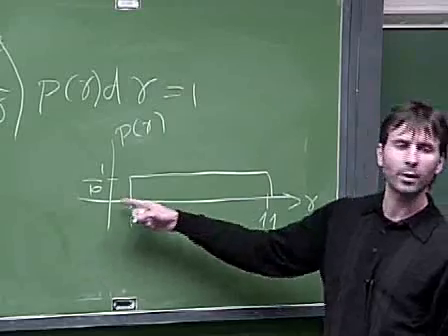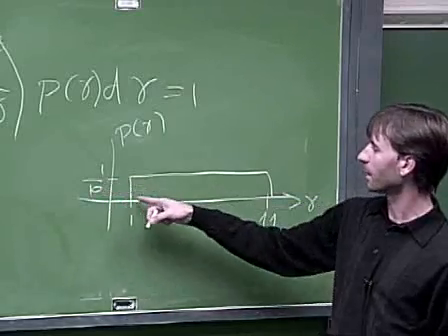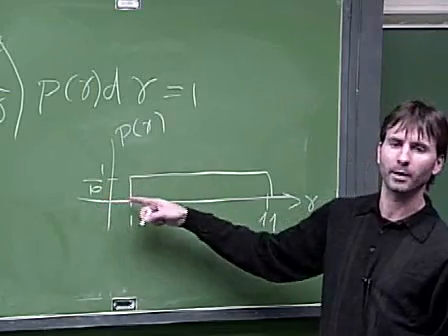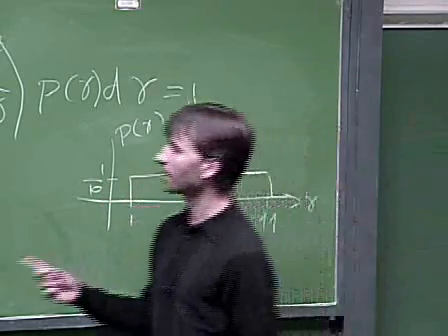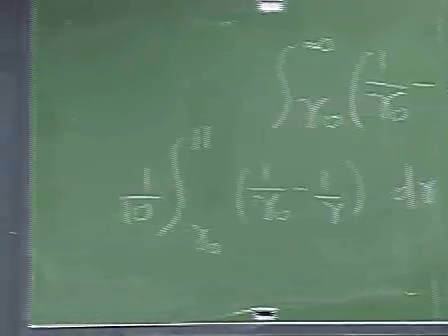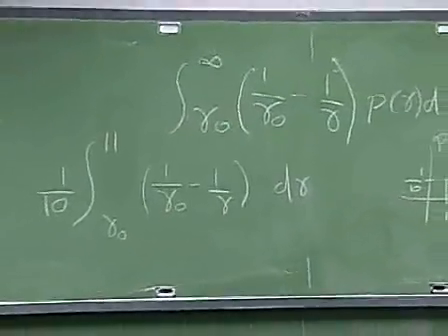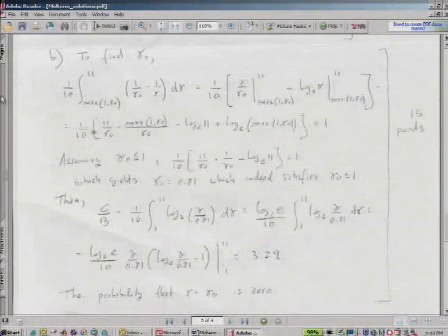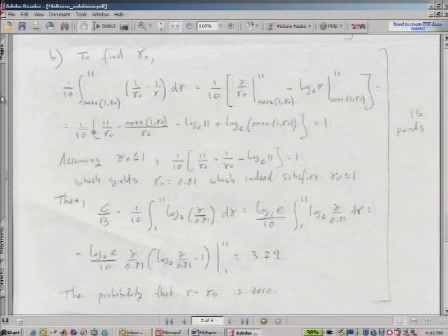But if it's below 1, the integration has to start at 1, right? Because the PDF doesn't fall below 1, it's 0, right? So the right formulation is to have in the integration a lower limit to have at this point the maximum of 1 and gamma 0, whichever is biggest, which we don't know yet. Or if you want, you can just try both of them and see what happens, right?